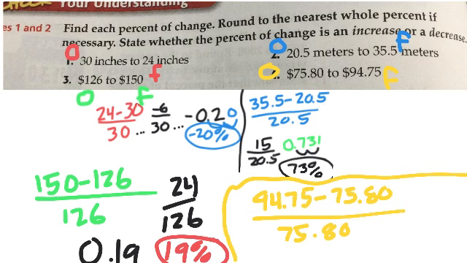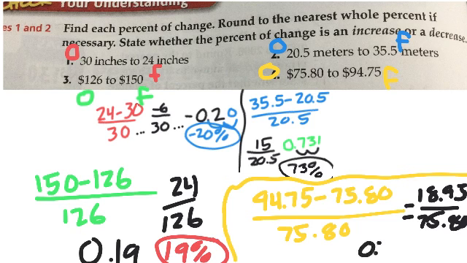That gives me 18.95. And then it'll be divided by 75.80, which is 0.25. Move the decimal 2 places to the right. So that's 25%.